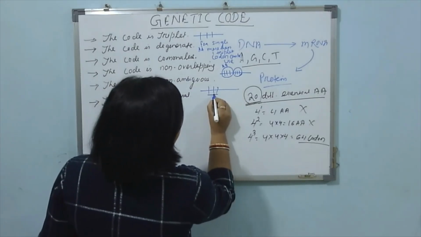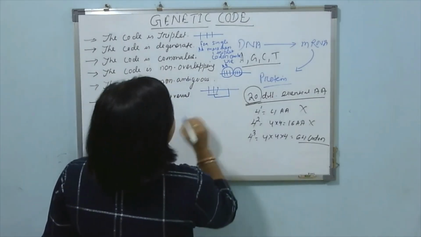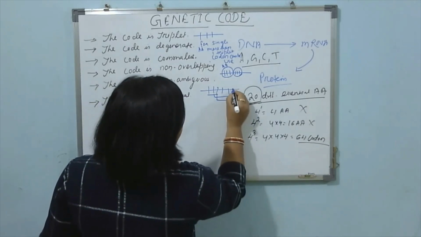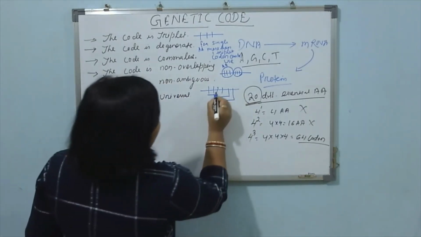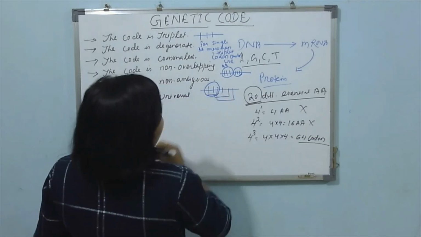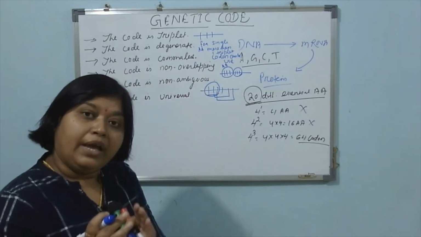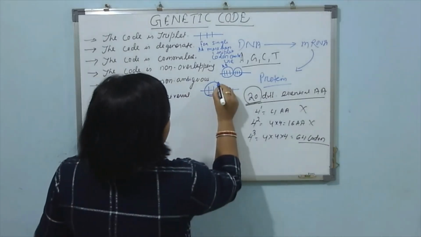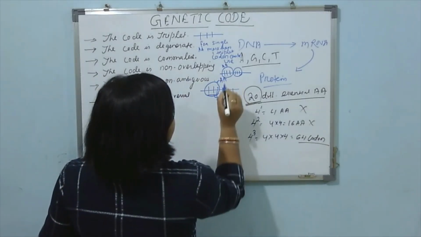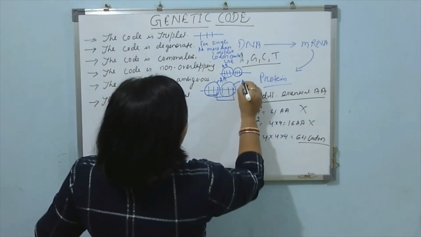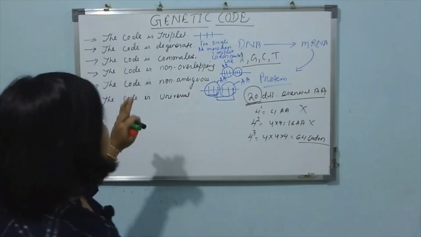Suppose from here, it can't be used here or for the next amino acid. One triplet codon will be used for only one amino acid. This will be for one amino acid. The next triplet codon will be for another amino acid.